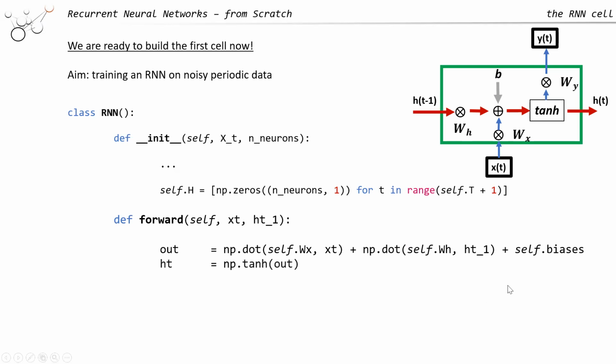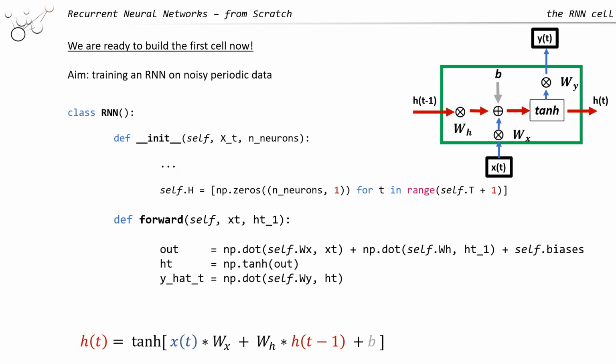And then we put this in our tangent hyperbolicus, and then we also create y hat. So that's essentially just this equation. And we also want to return those three quantities, especially at the beginning, for keeping track of those values and to get some understanding of the RNN.